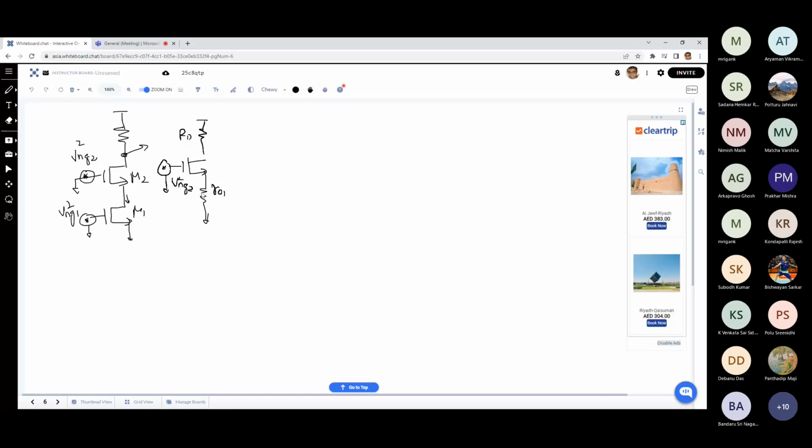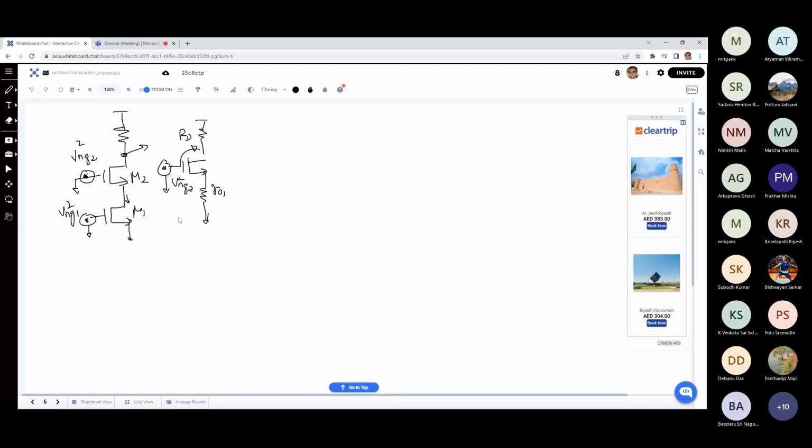Again, we have seen that the moment you have this RO, especially the RS here is pretty large, right? So RO1, in this case, may be even larger than RD, right? So in that case, the overall gain from this point to the output will be pretty small. And therefore, in the analysis, people may ignore the effect of this M2. Because of this cascoding and this source degeneration, this cascode device compared to the input device will have very small effect, and therefore we can ignore it.